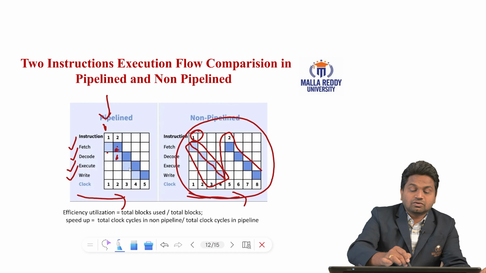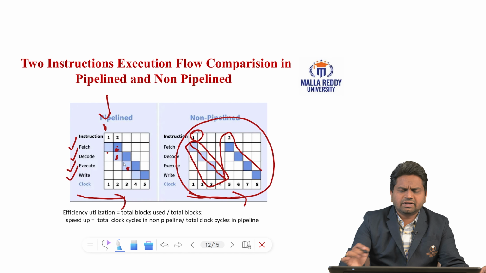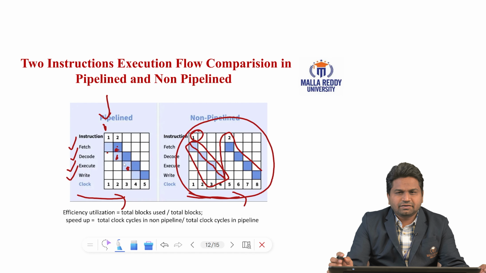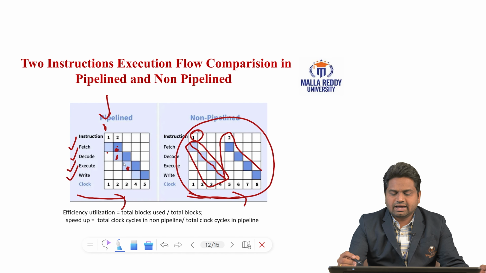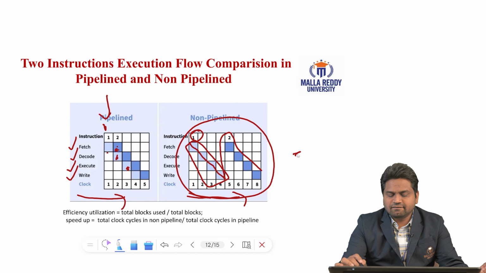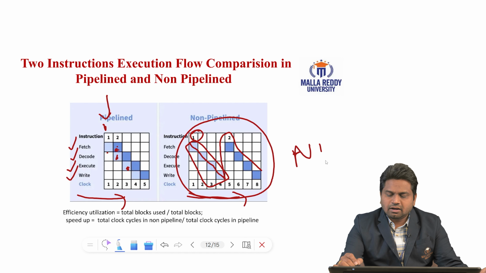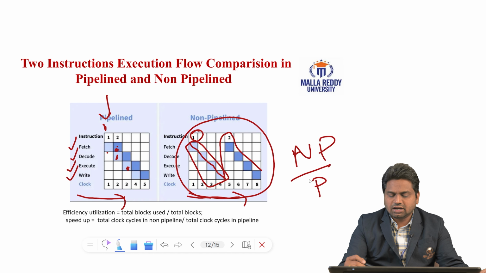Whenever the first instruction goes to the execution phase, instruction 2 moves likewise. So how can we calculate the speedup? We take the total clock cycles used in non-pipelining versus the clock cycles used in pipelining. Without the pipelining concept we used 8 clock cycles of time, but with the pipeline we need only 5. So how much faster was it? Observe here, almost 2 times faster.